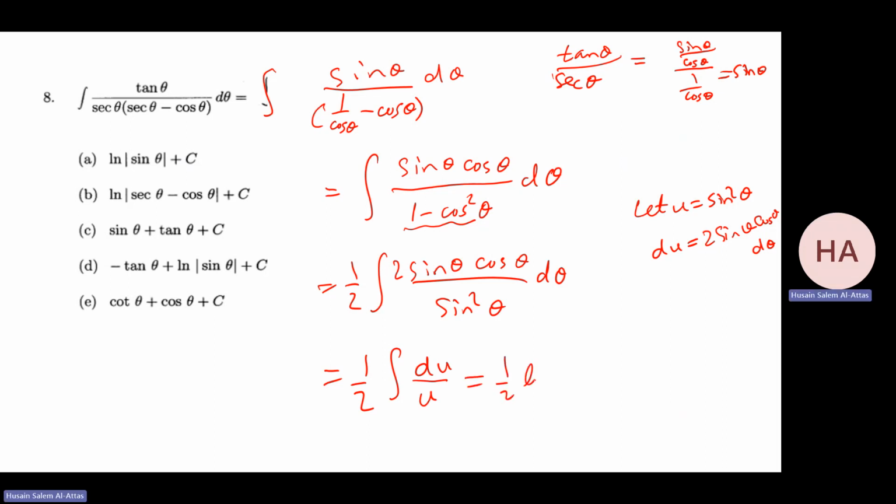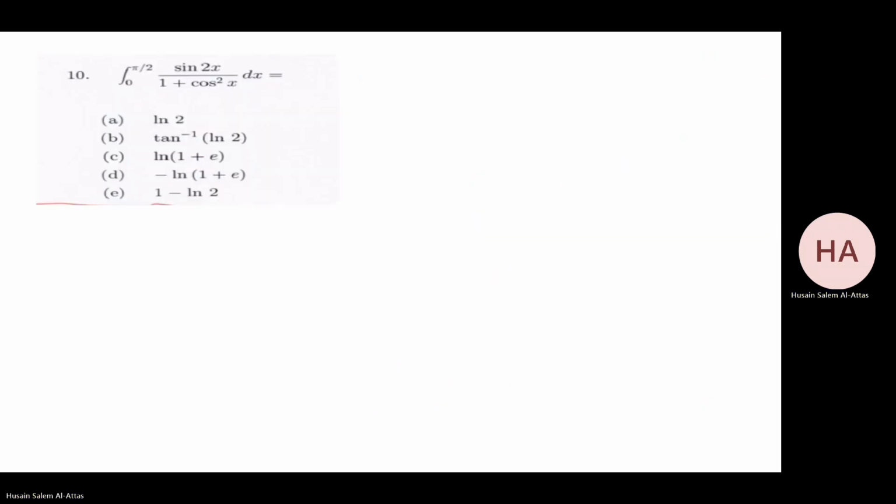That will be half ln absolute value of u plus c, which is half ln sine squared theta plus c. Now square, take it outside, that will be ln sine theta plus c, which is this. Okay, fine, same idea. So this is 0 to pi over 2. So I think I need a minus sign somewhere.